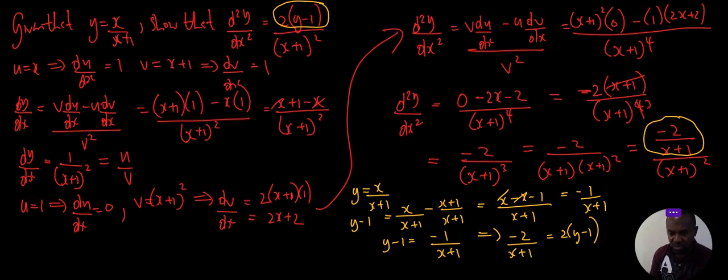And so we've basically proven what we set out to prove. So therefore, given that y equals x over x plus 1, then d2y by dx squared is equal to 2 times y minus 1 all over x plus 1 squared. Right? That is that one there.